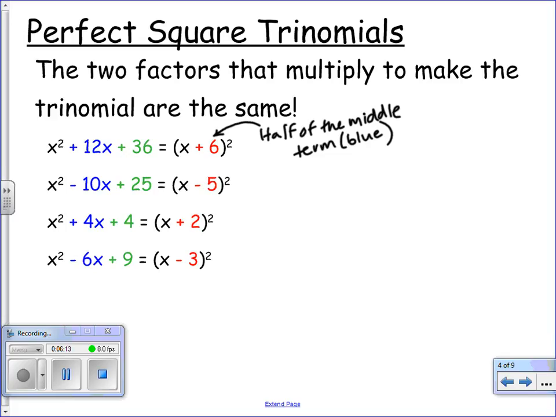Think back to Jackson's comment about the fact that the greens are always perfect squares. How did those perfect squares relate to the other numbers in your equation?